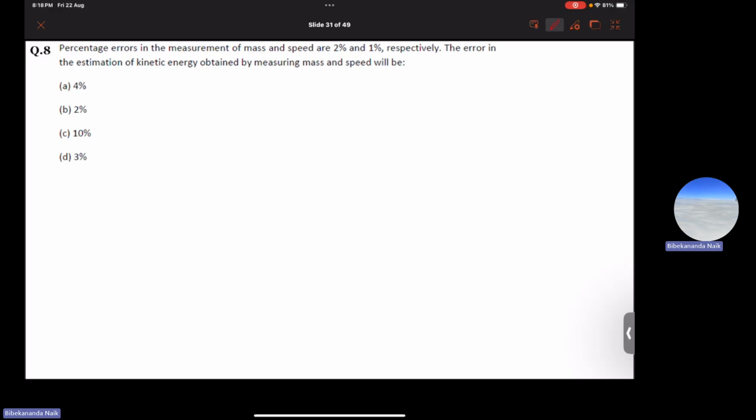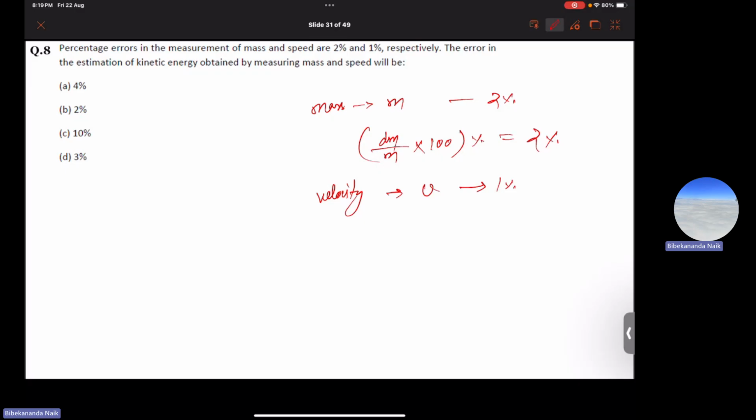So in the measurement of mass, suppose it is m, it is 2%. That means dm by m into 100% is 2%. For velocity, it is 1%, so dv by v into 100 is 1%.